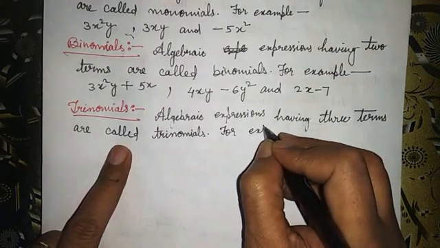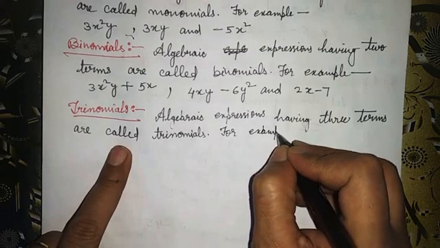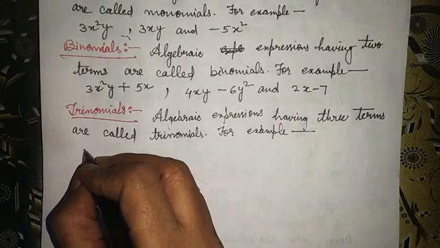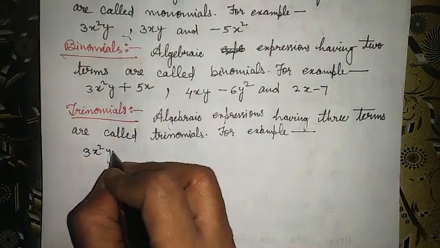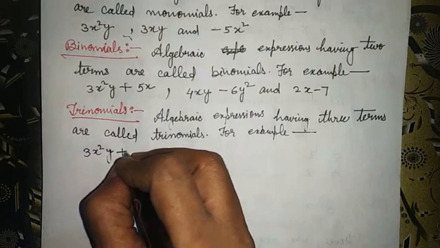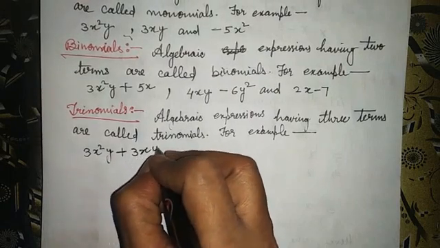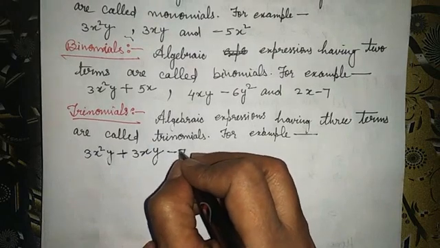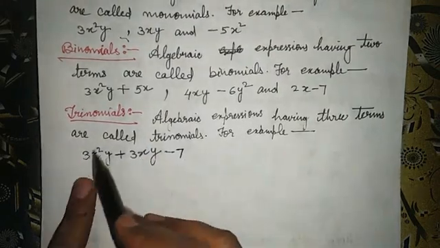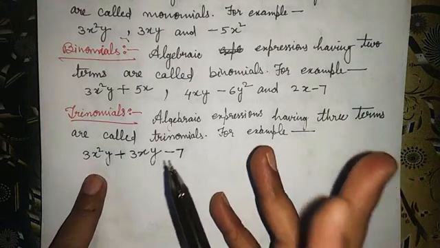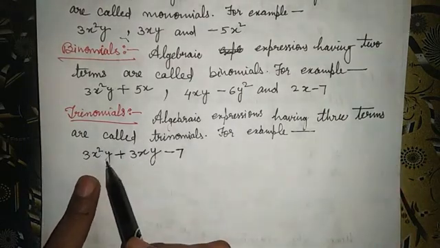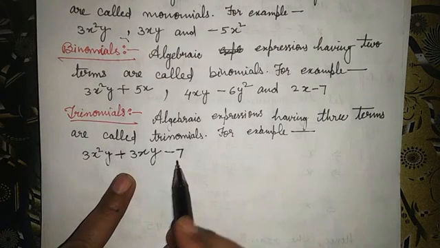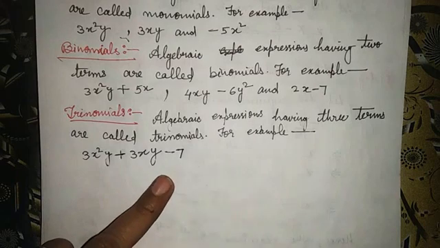For example, 3x square y plus 3xy minus 7. In this expression you can see three terms. First term is 3x square y, then 3xy, and the last term is minus 7.